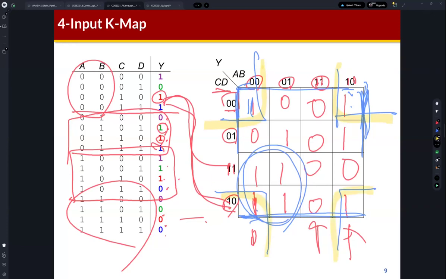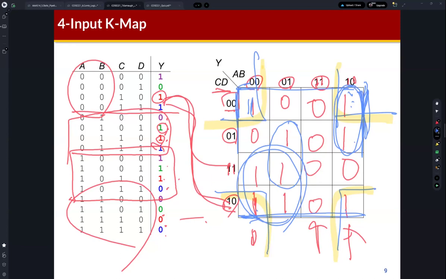We need to be cautious. And then for another possible largest circle, we cannot find any circles that include 4 elements here. We can find another largest one, merge here, and also merge the 1, 1 here. So every 1 is included by circles, right?